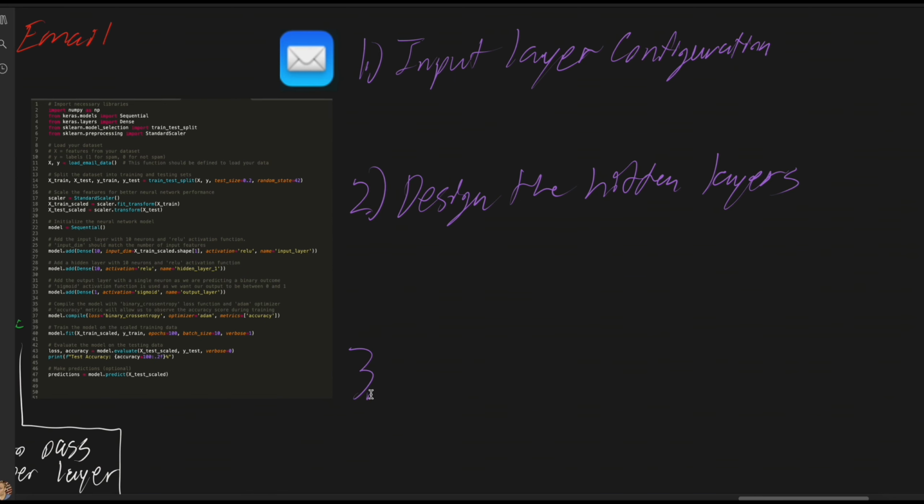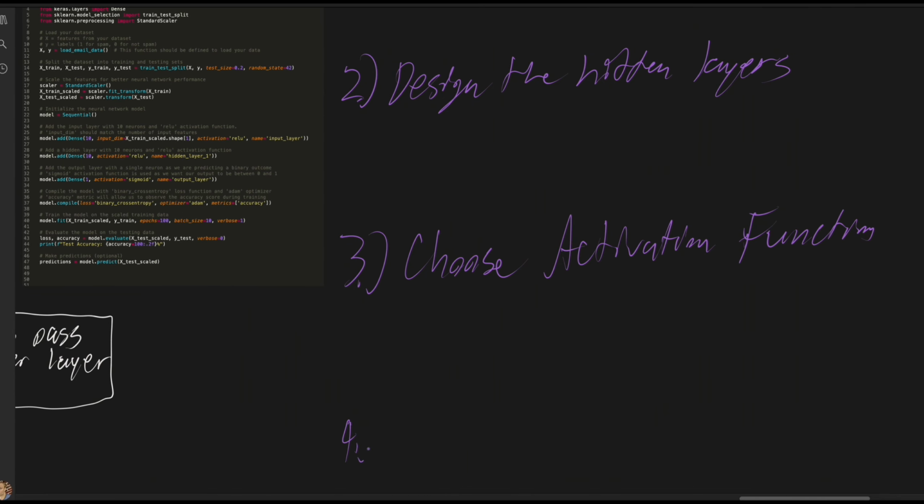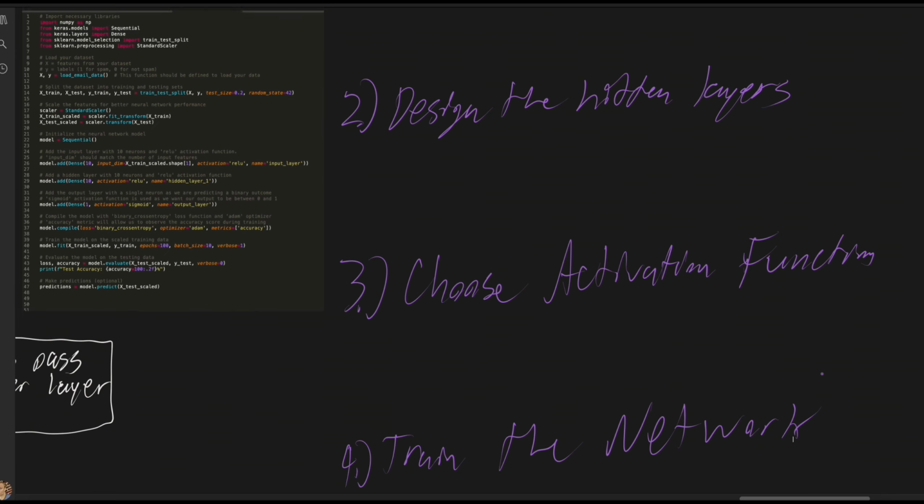Step 3, choose activation function. Step 4, train the network. And those are our steps to do.